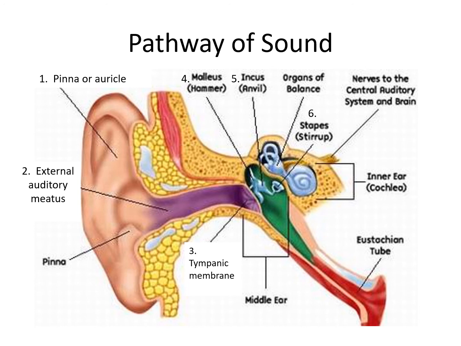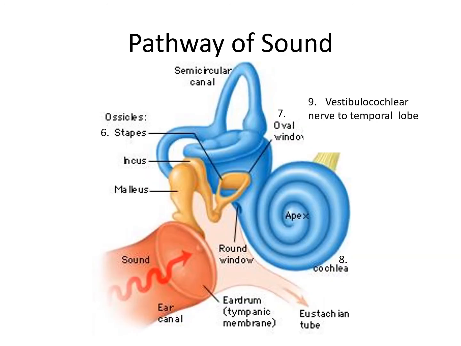Stapes vibrates against the inner ear. So be sure to jot down the incus and stapes as the 2 answers for your worksheet. Those are blanks number 5 and 6. So stapes vibrates against the oval window. That's our connection to the inner ear.